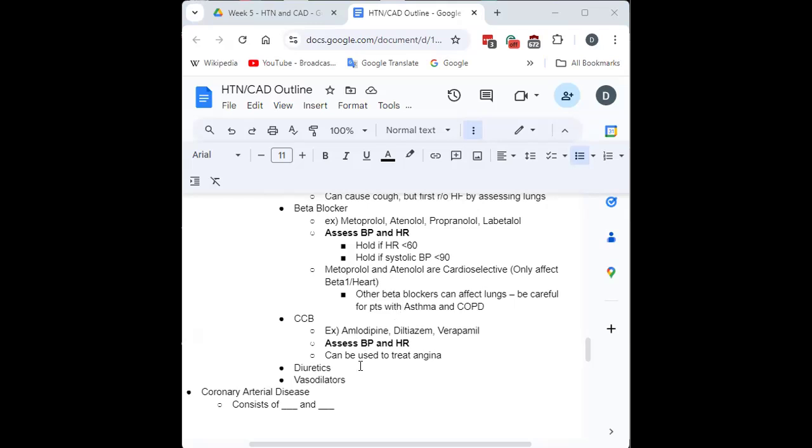So let's talk about diuretics. There's two classes of these. Let's call them the potassium wasting and the potassium sparing. What can you tell me about these?